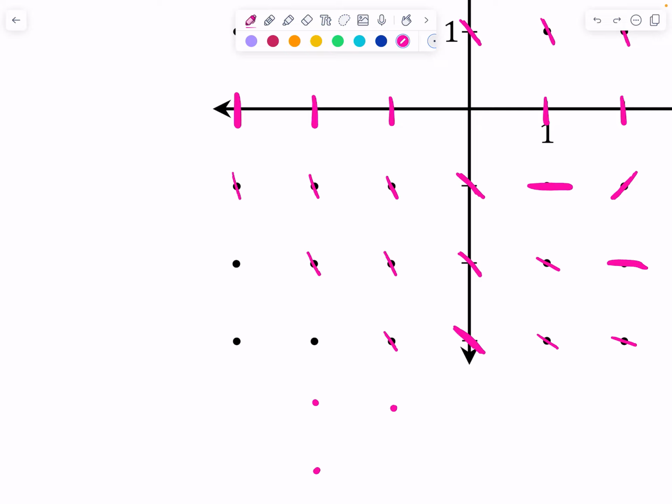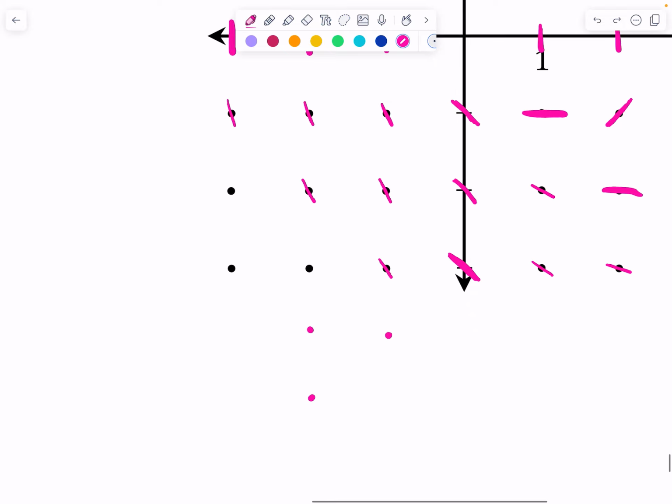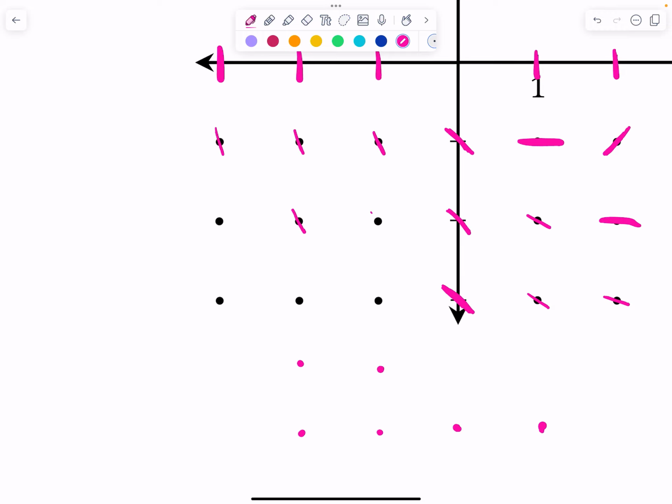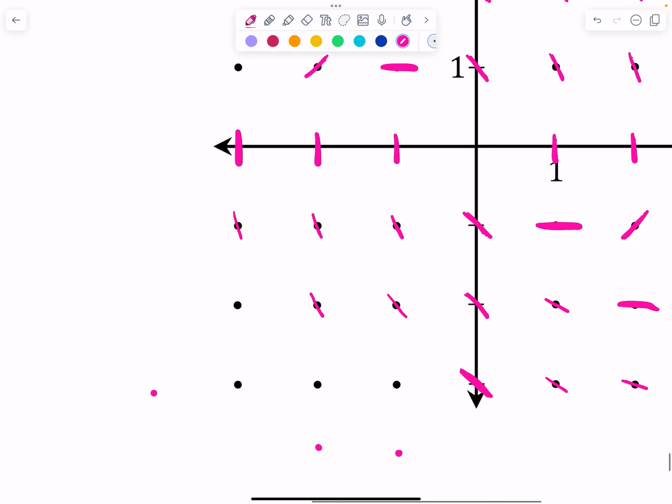Negative 3 halves. Yeah. Negative 4 over 3. There.